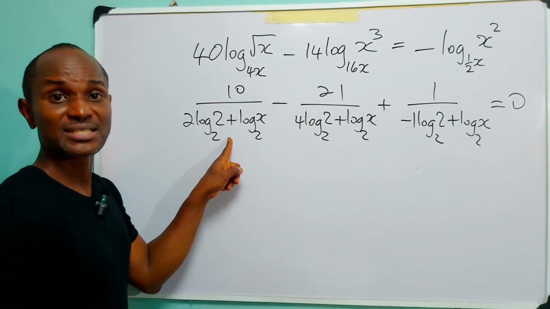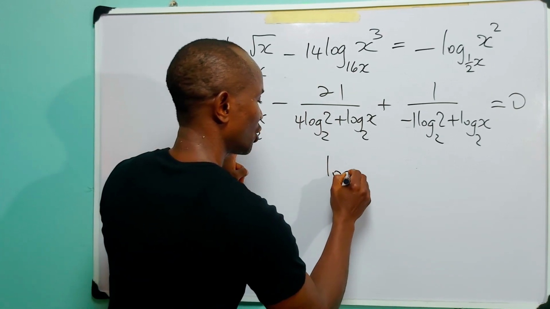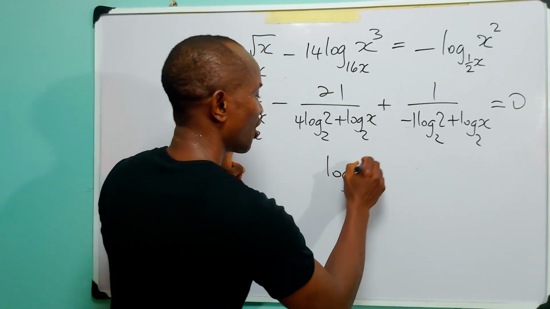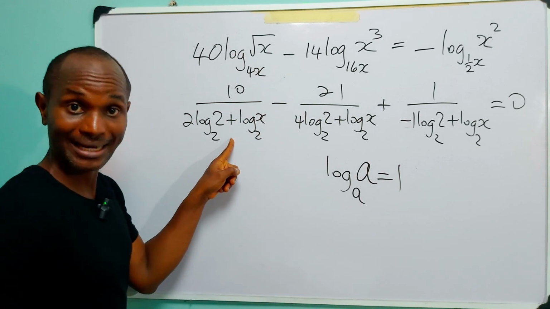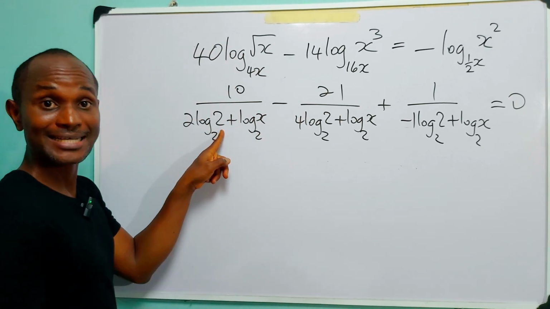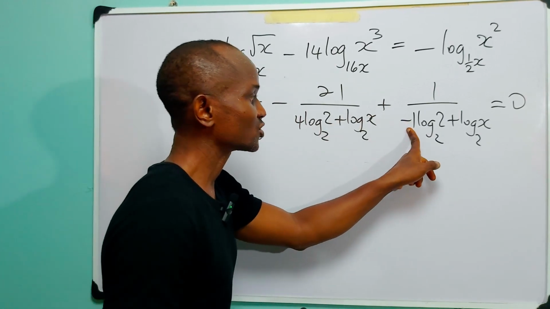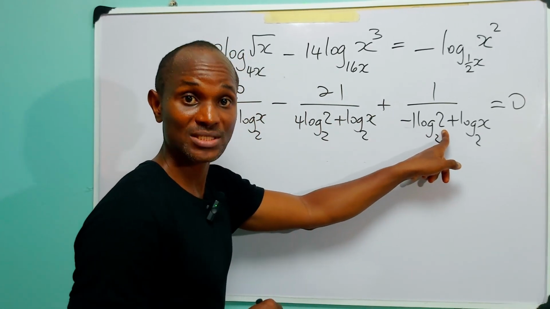Now, having expressed it in this form and recalling that log₂ of 2 is equal to 1, we have that 2 times 1 is 2, 4 times 1 is 4, and minus 1 times 1 is minus 1.